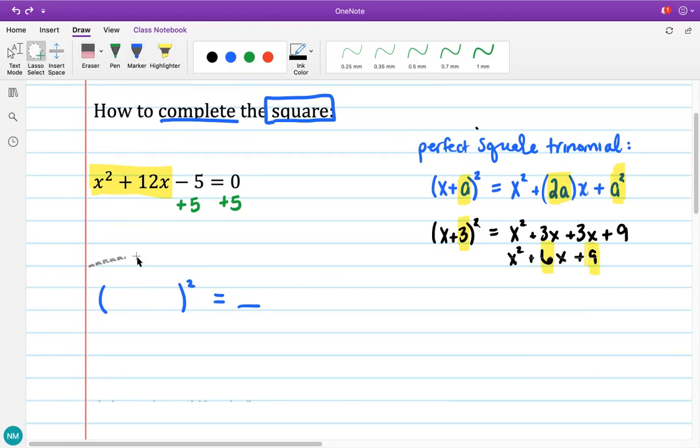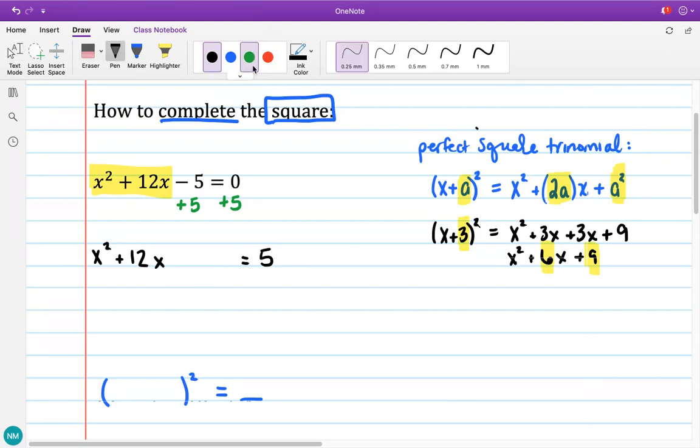Then I'm going to have x squared plus 12x equals 5, because we just moved that 5 over. I'm going to put this equals 5 a little bit over because I'm going to use this space right here. Now the question is, how do I make this right here a perfect square trinomial?